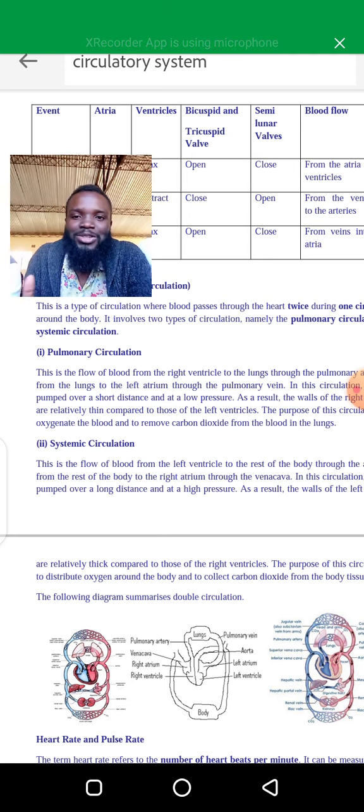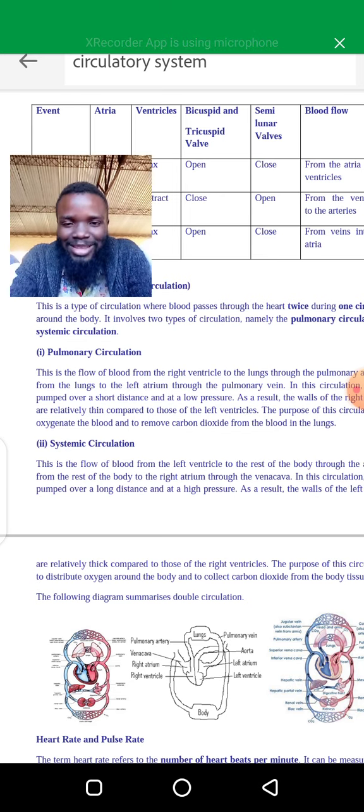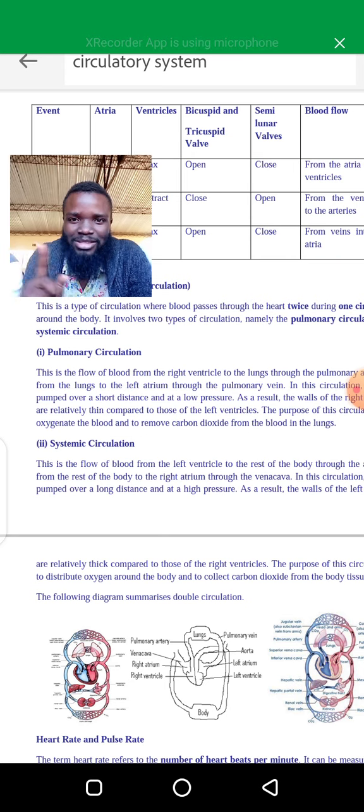When the blood which was deoxygenated has now been purified, what happens is that oxygenated blood is now transferred by a vein called what? By the component called the pulmonary vein. And that's the reason why they say that not all veins carry deoxygenated blood, except the pulmonary vein.